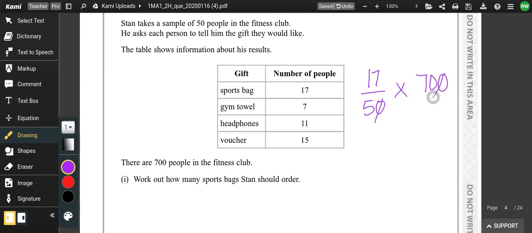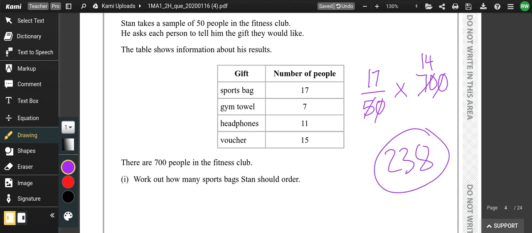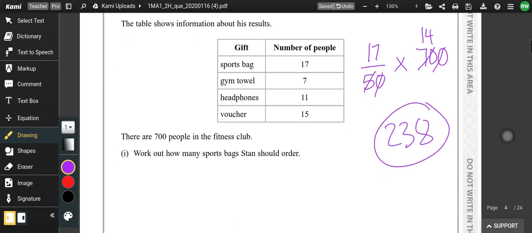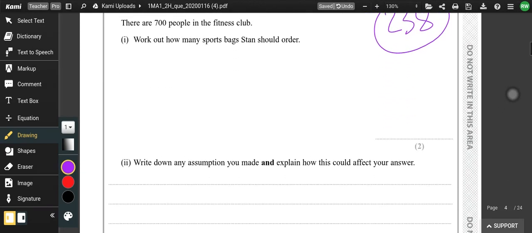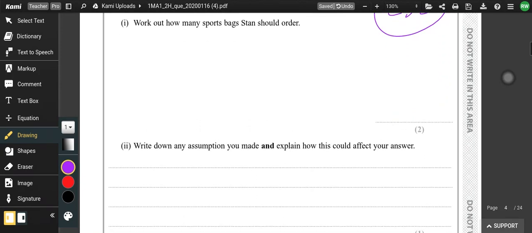So we can divide this by 5, so that gives you 14. 17 times 14, 238 sports bags. Let me just double check that on the calculator. 17 over 50 times 700. Yeah, 238.